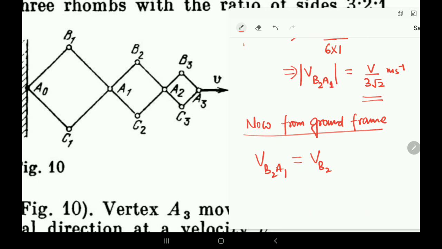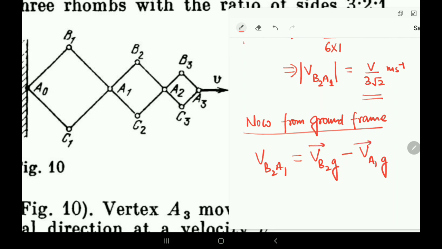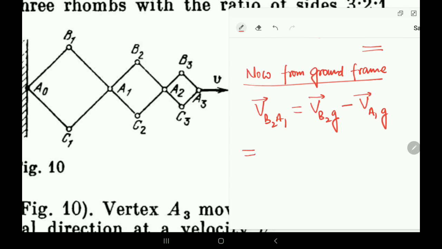When you are in the frame of joint A1, you see B2 moving in an arc, in a circle. Now I intend to calculate the velocity of joint B2 with respect to ground.